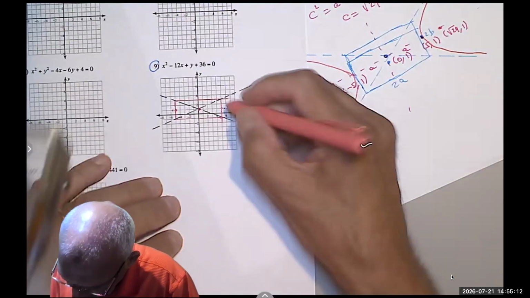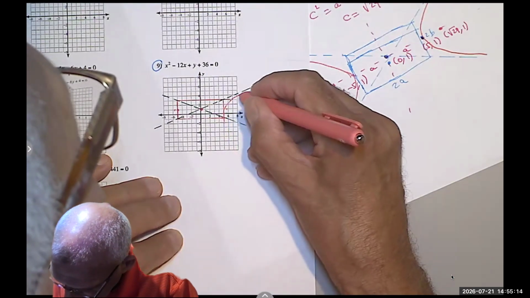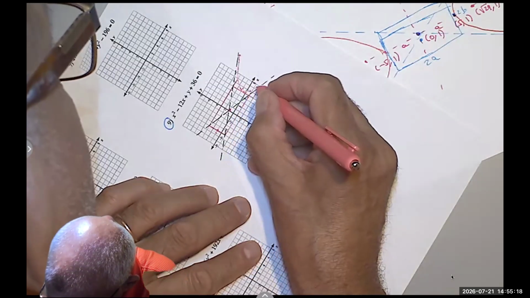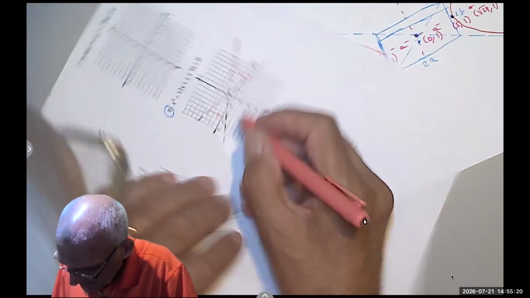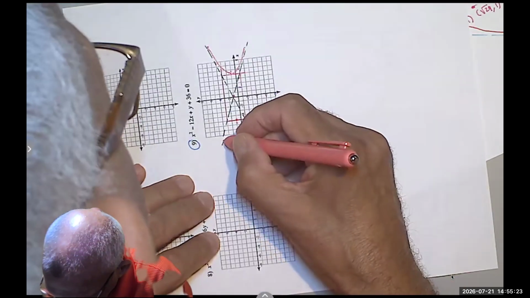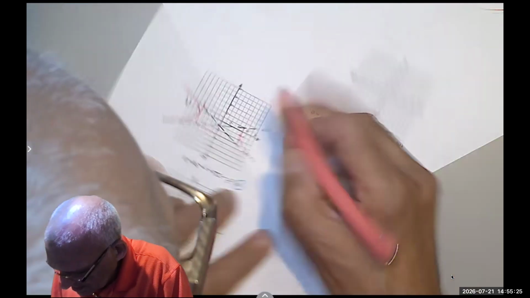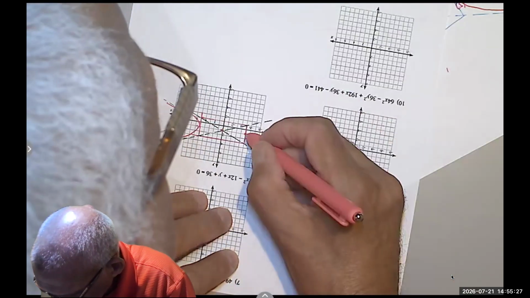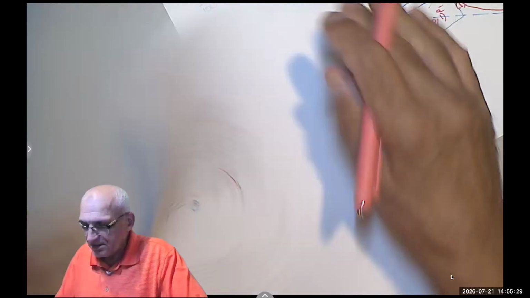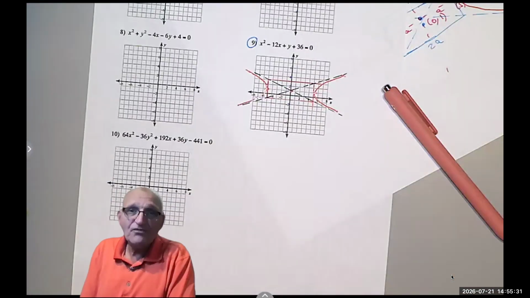And then when I plot it, I will try to make that an asymptote, and that's an asymptote. This is an asymptote. And this is another asymptote. And here you go. We found everything.